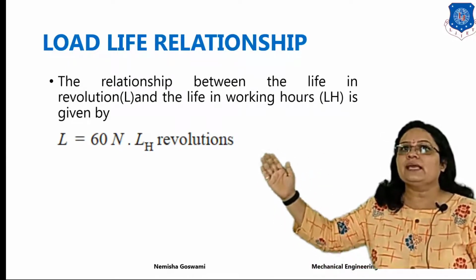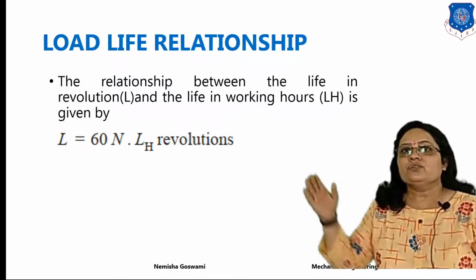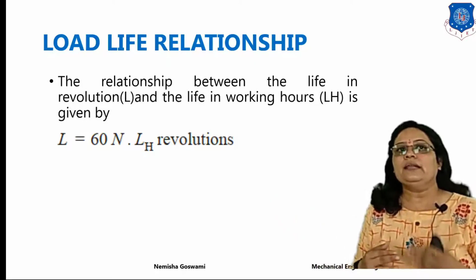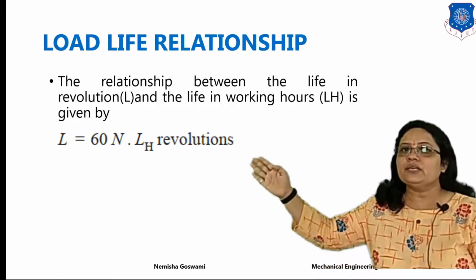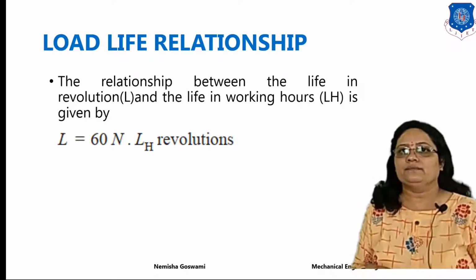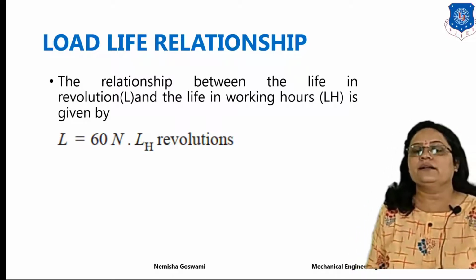L is equal to 60 N × LH, which gives life in revolutions. You can use this formula to convert life of bearing in hours to revolutions, or reversely. Okay. So this is the standard formula.